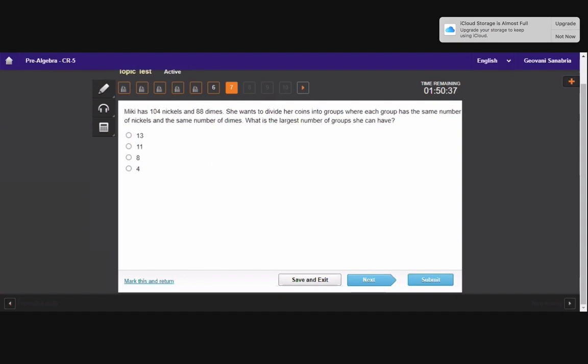Okay. In a way, I think this is asking division, right? What's the largest number of groups where you have the same number of nickels and the same number of dimes?